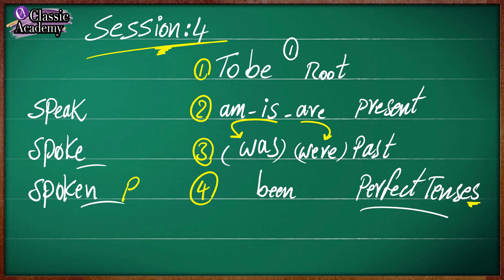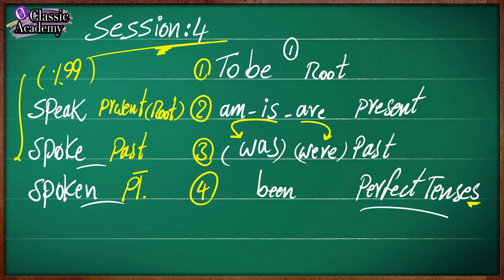Here we say perfect tenses. This is past. And what about this one? It is present. Yes, of course. And root. 99% of the English verbs have this kind of structure. They are in 3 parts. But to be has got very, very different forms. We can say be is like the root, and it is only root.